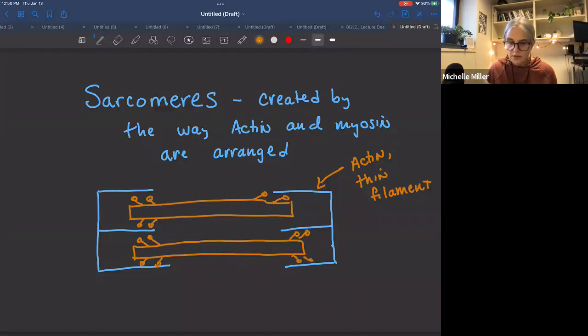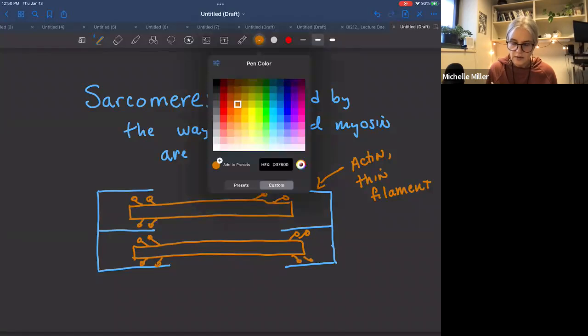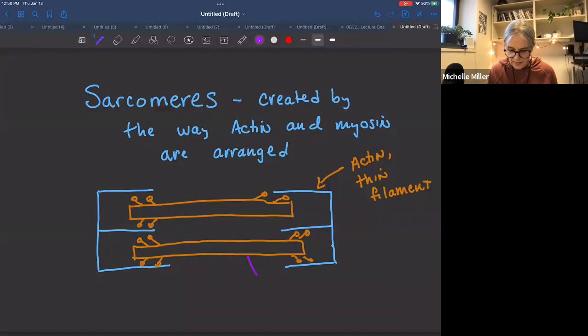Let me use a different color here. Let's use purple. So this would be the thick filament. This is myosin. Both of these are proteins. The structure right here that has the head is what is referred to as the myosin heads.